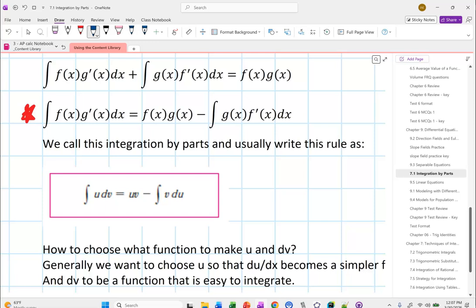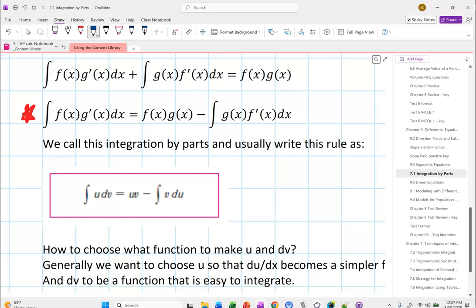The hope is that when we do this process, that integral of v times du is something we can handle with one of our basic antiderivative formulas, or maybe we have to use U substitution, or in the very worst cases, maybe we have to do another integration by parts. But this is the formula.